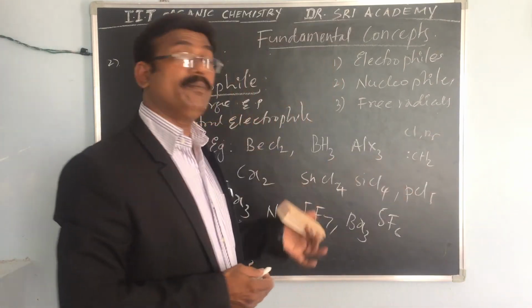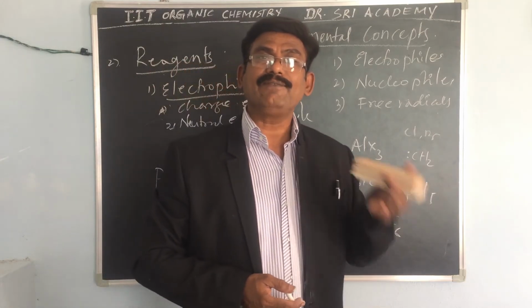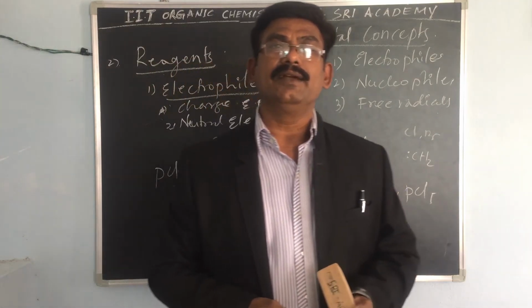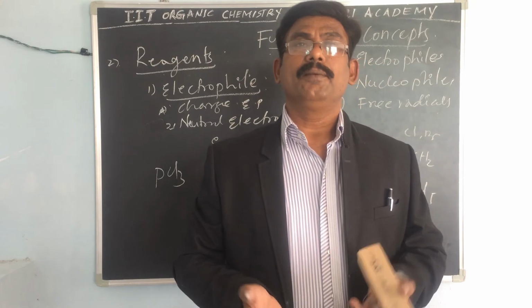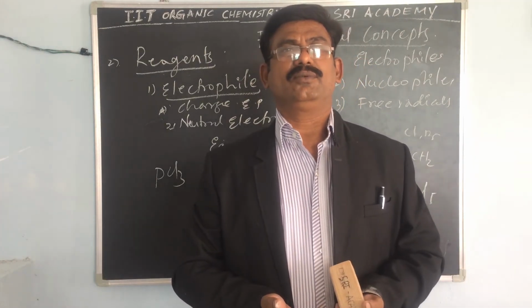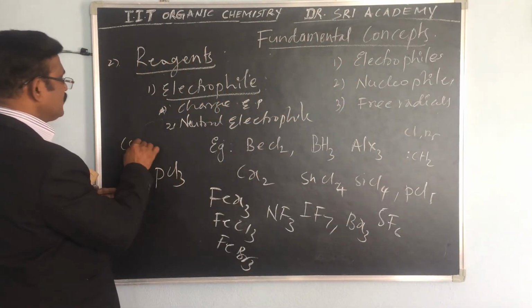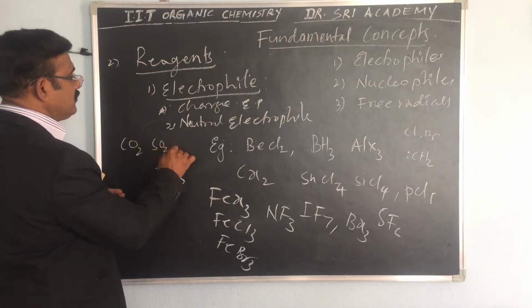These are neutral compounds, many neutral electrophiles. Carbon dioxide also, sulfur dioxide, sulfur trioxide, carbon disulfide CS2, bromine, iodine, chlorine. All these things are incomplete octet.